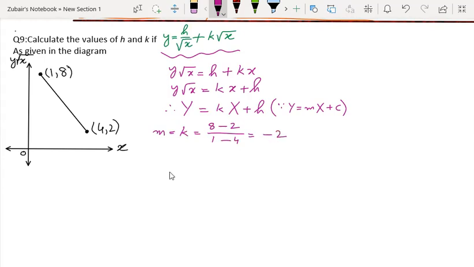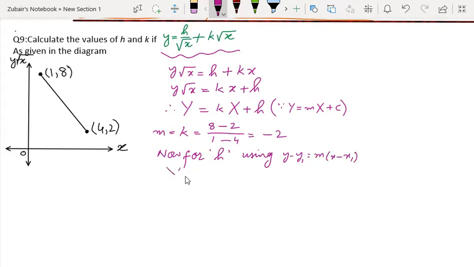Okay, now to find the value of h, we can use the form y minus y1 is equal to m into x minus x1 form of the equation. So what is y here?